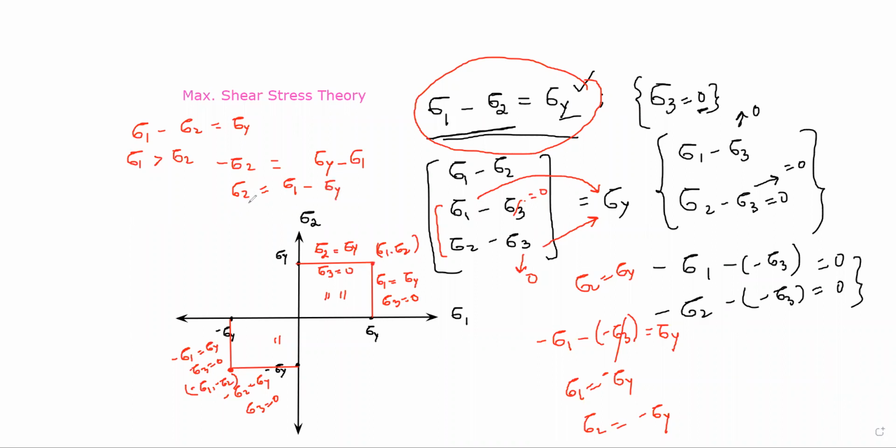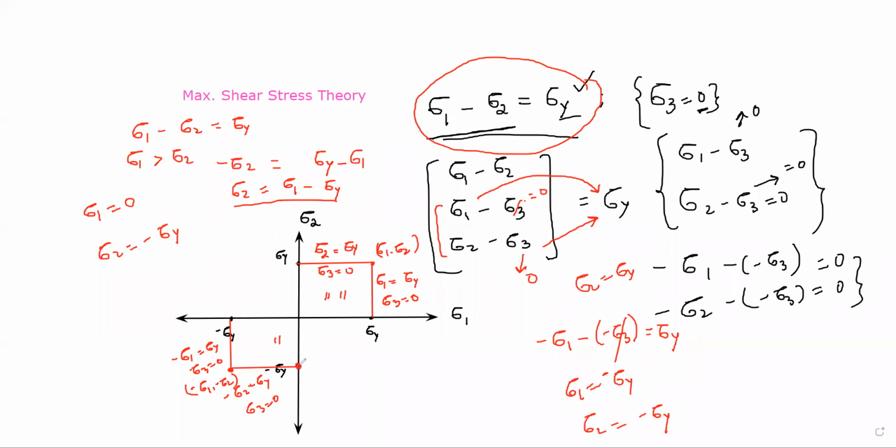Now look into this equation. We have to plot this equation. When sigma 1 is equal to 0, sigma 2 is equal to minus sigma y. So sigma 2 is equal to minus sigma y here, and on this line our sigma 1 is also equal to 0.